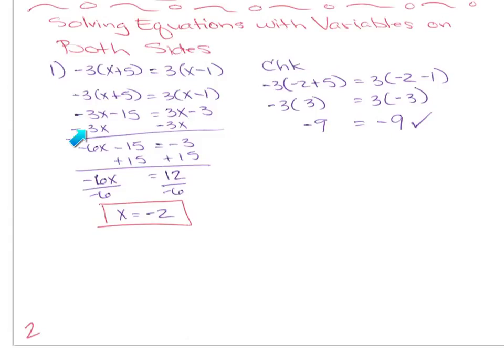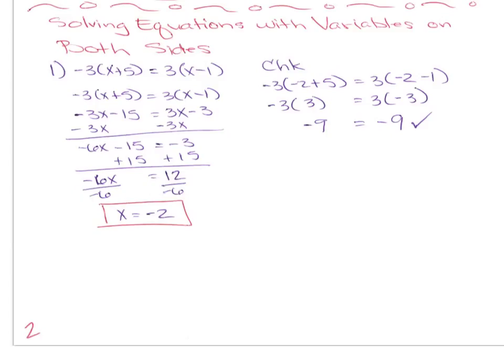Negative 3x minus 3x gives you negative 6x minus 15, is equal to negative 3. Now I want negative 6x by itself on the left-hand side, so I need to get rid of the minus 15. So I'm going to add 15 to both sides. We're going to end up with negative 6x is equal to 12. Negative 3 plus 15 is 12.